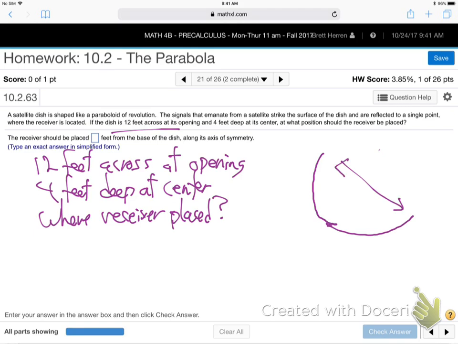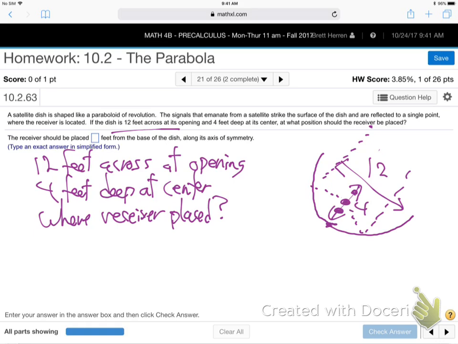Does that make sense? So 12 feet at its opening, 4 feet deep. Where should they place the receiver? It's somewhere like here. Should it be 2 feet, 1.5 feet, or 3 feet? Where should they put the receiver so that all the beams that come in will be aimed right?